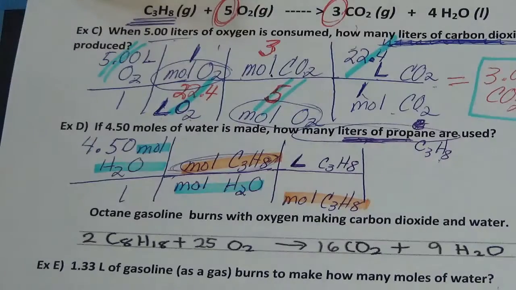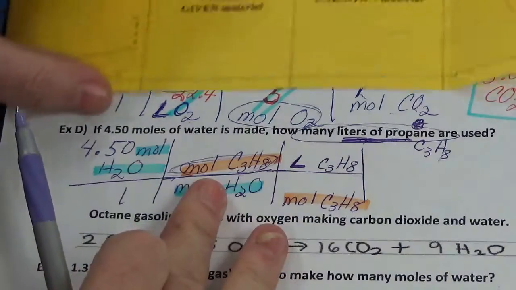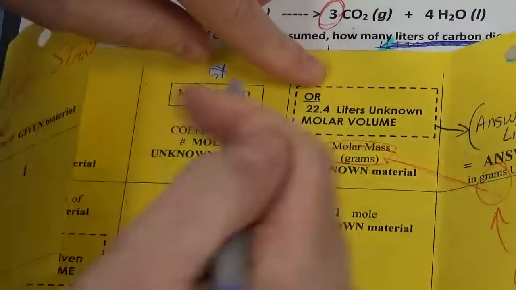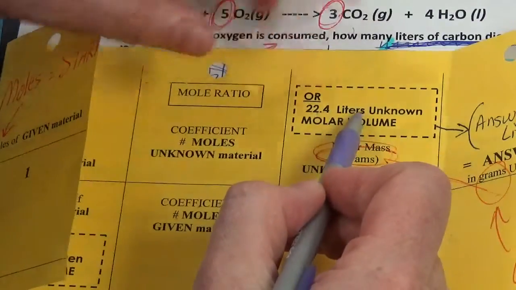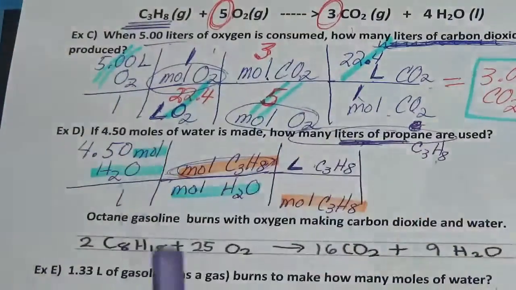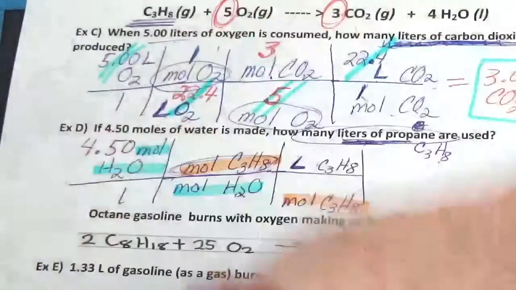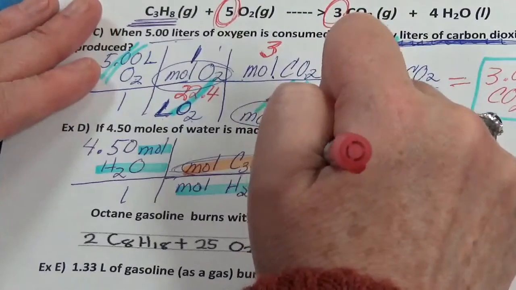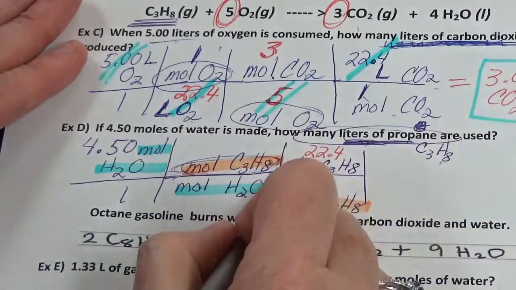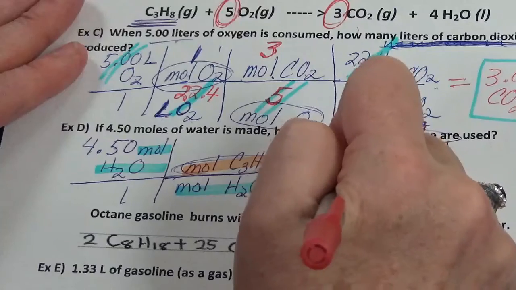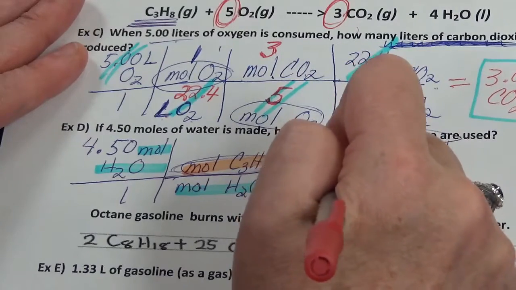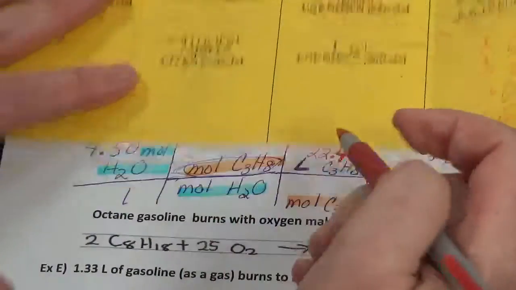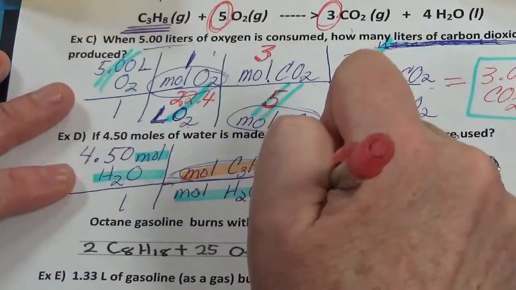Now I just need to fill in the numbers. Okay, so just like before, if we have liters at the end, we're going to use 22.4 liters as the number at the end. And here it is. So 22.4 liters. Okay, that's the molar volume of propane or anything. Okay, and the number down here, as it shows, is a 1. So I'm putting in a 1.